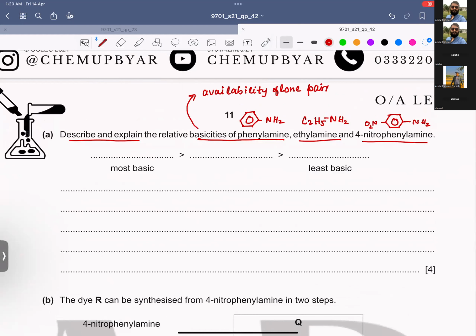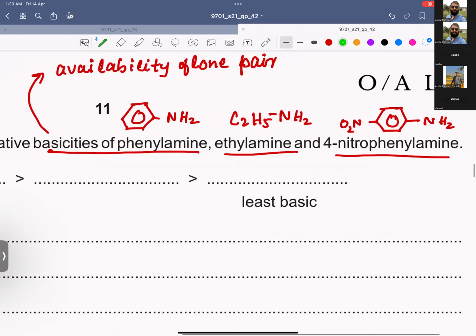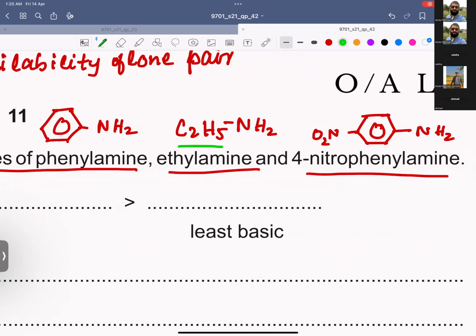And if the lone pair is not available readily, then it cannot share its lone pair to the hydrogen and accept it. So its basic strength gets weaker. If you see these three structures, here we have an alkyl group, which is electron donating in nature. So it induces its electron towards the nitrogen. So the electron charge density or the availability of lone pair is increased on this nitrogen.